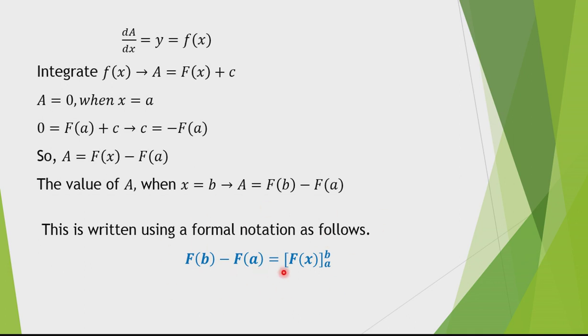Then finally we get the final result as F(b) minus F(a), and this is denoted as F(x) with lower limit a and upper limit b. This is the integrated result function of the f(x) function. Take the difference of them after substitution. That will give you the area under the curve above the x-axis as well as between the x equal a and x equal b lines.